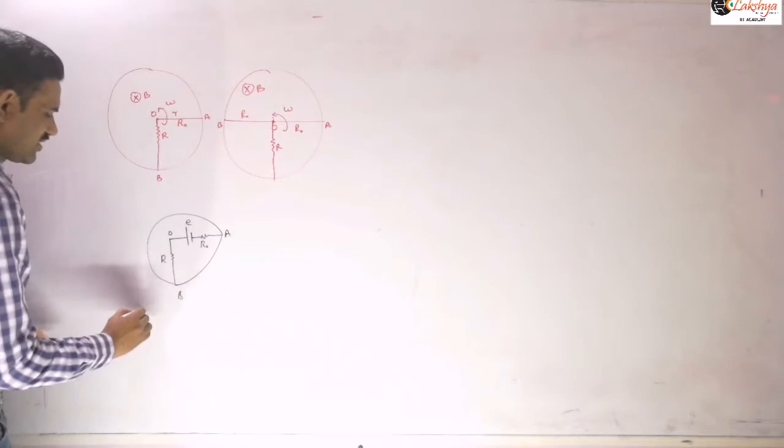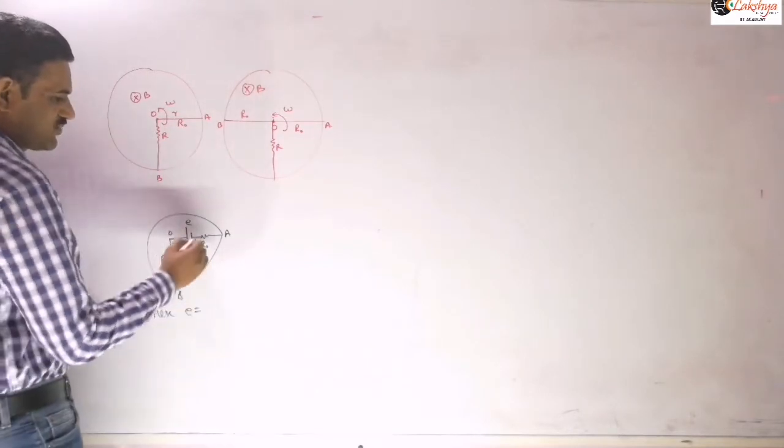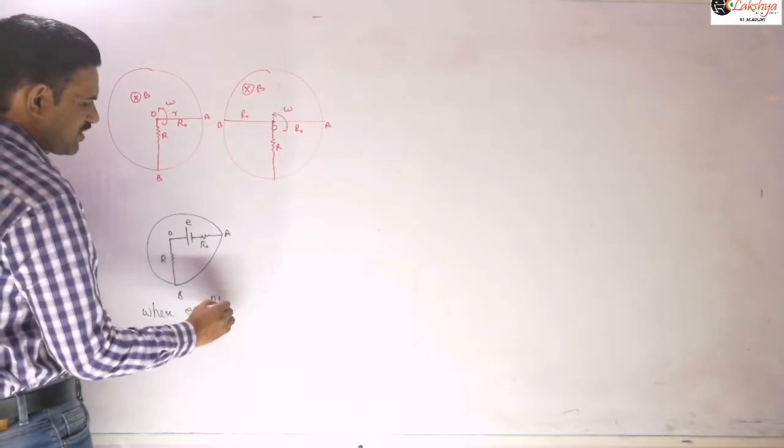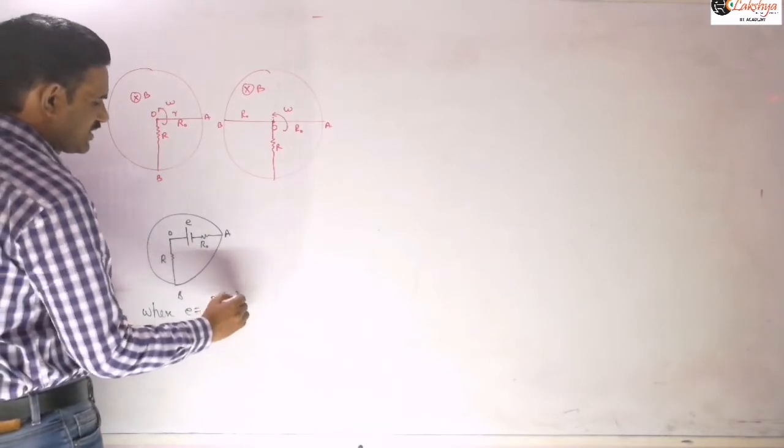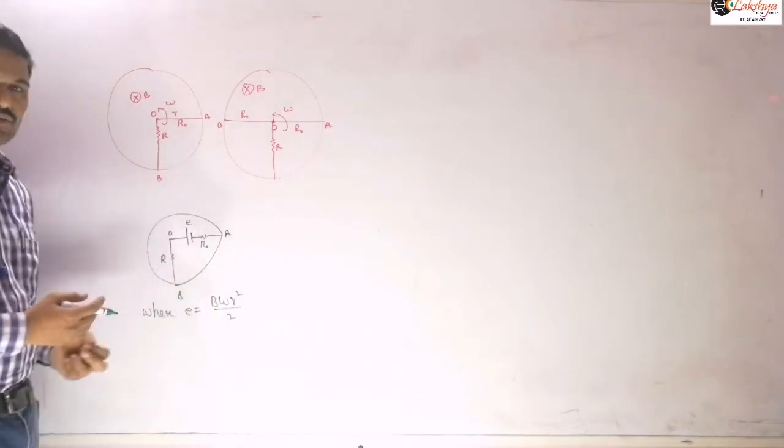Here the induced EMF is E equal to B omega L square by 2. Here L is nothing but r, so I can write r square by 2. So this is the induced EMF here.